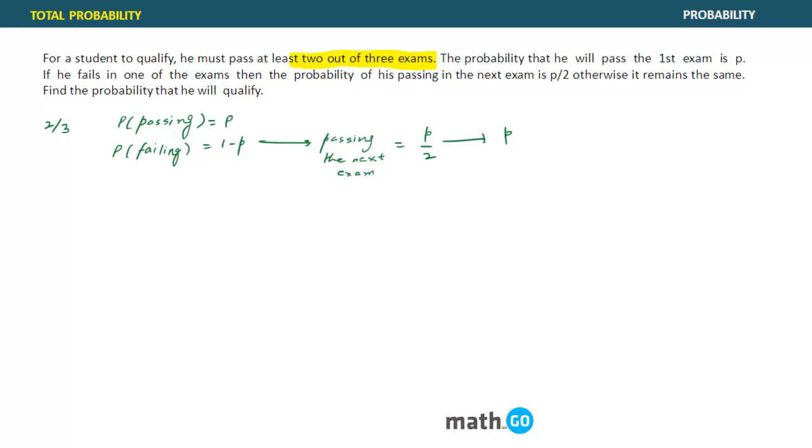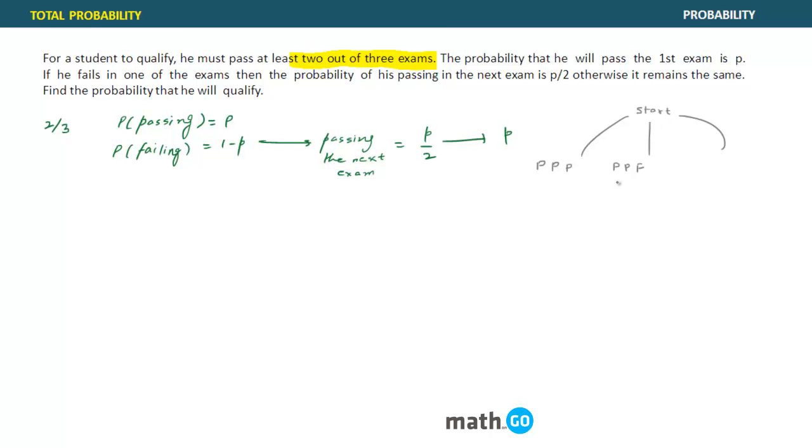So let's start with the flow. You start here and you need to pass 2 out of 3 exams. So let's say you can pass first, you can pass second, and you can pass the third. This is one of the options, right? Then you can pass here, pass here, and fail here also.